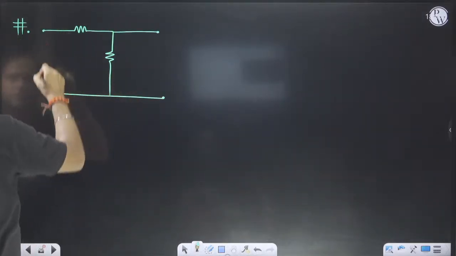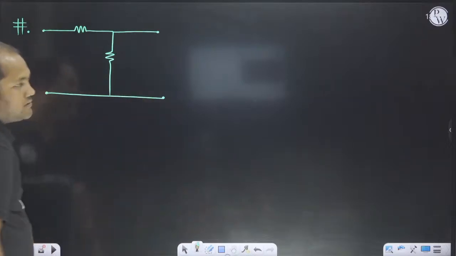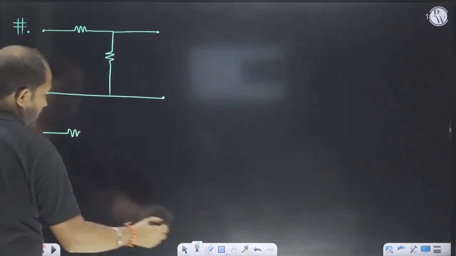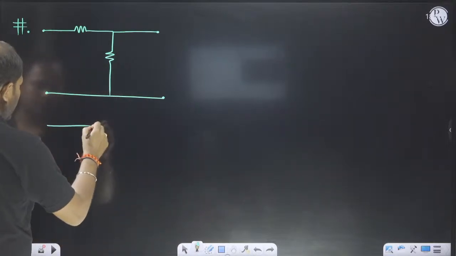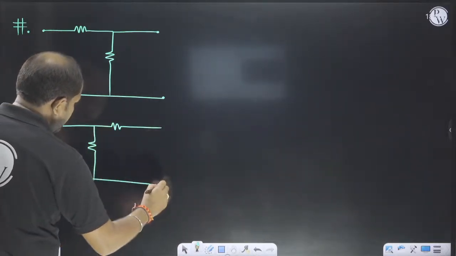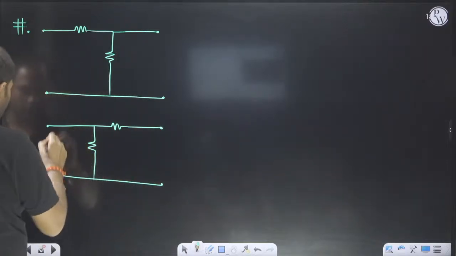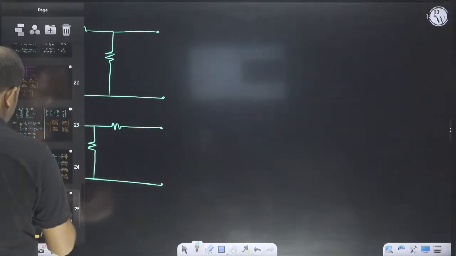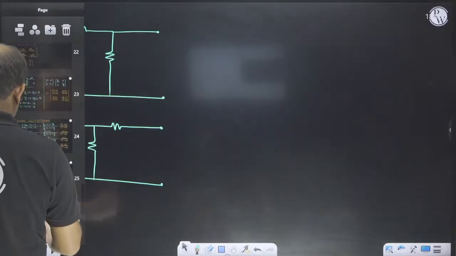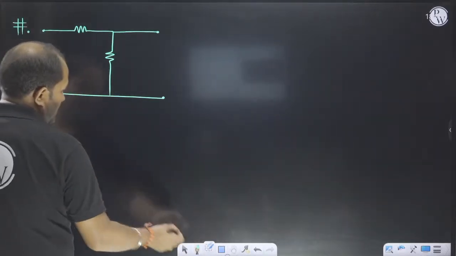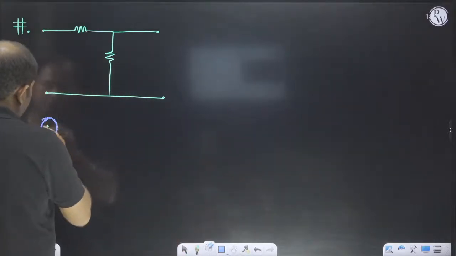This is series shunt. And this one is shunt series shunt. So you have to find out the S parameter for this network. It is a self-assessment point. I will just give a hint.